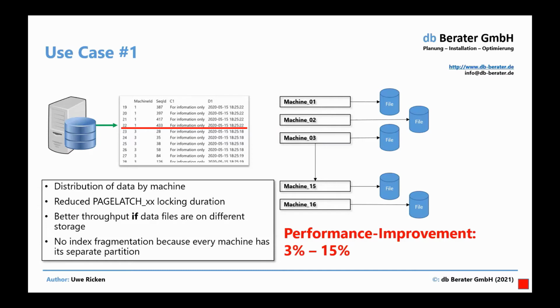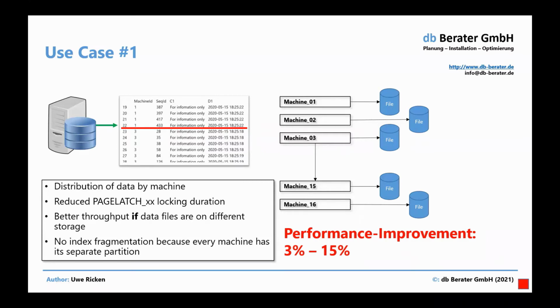And this partition can scale way better than pushing everything into just one partition. You see this here on the right side. Every single machine here, this is the partition for machine number 1, machine number 2, and every single machine gets its own partition, gets its own file or files, more files.